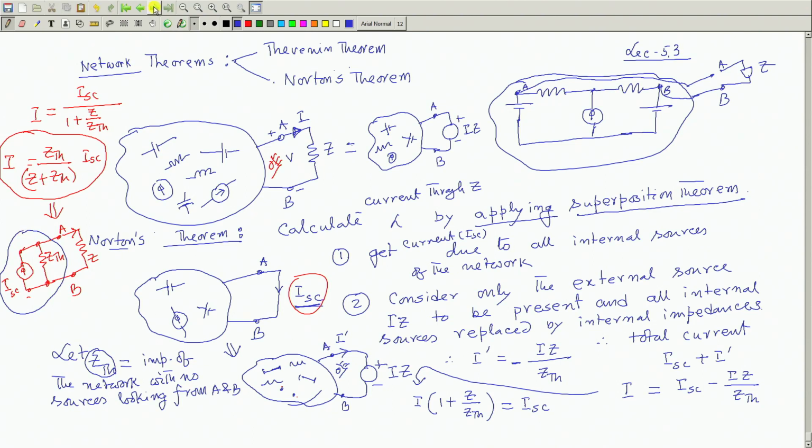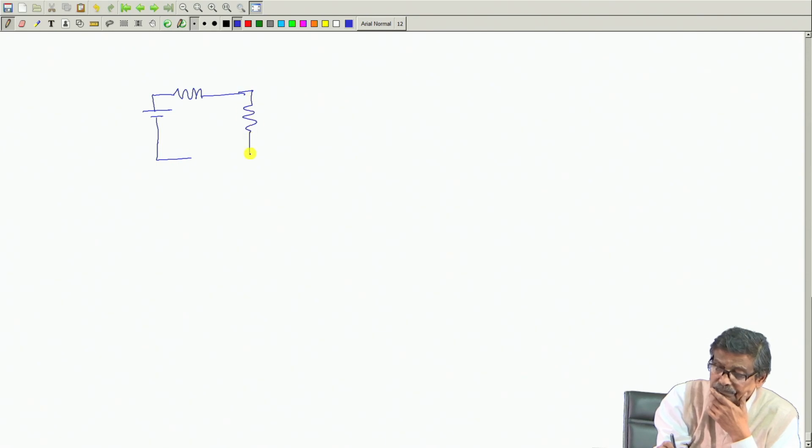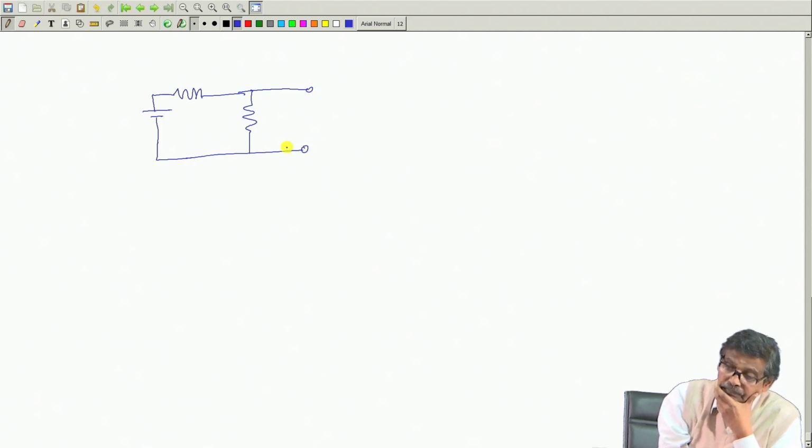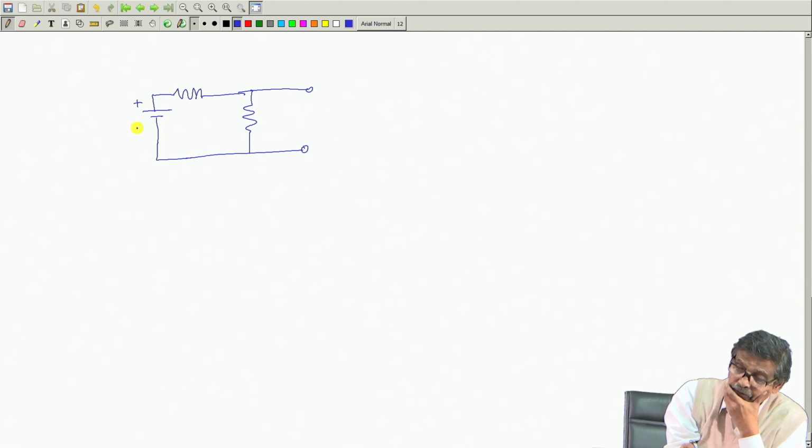To summarize, let me draw some circuit and try to find out Norton's theorem. For example, you have a network. I will take a very simple network. For example, this network. This is suppose 10 volt.